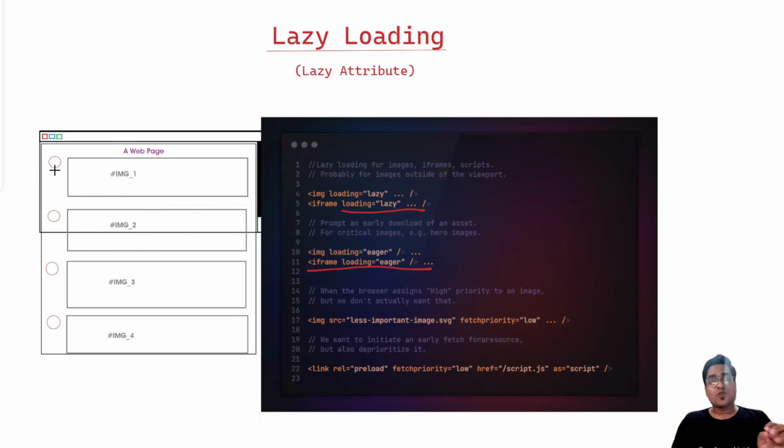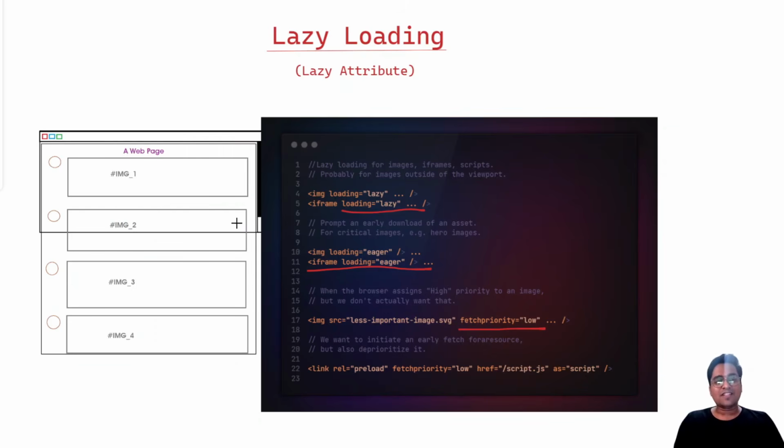Even then, you can decide some priorities among the pieces which are loading in an eager fashion. How can you do that? You can use something called priority. This is a very important and very interesting concept. You can add an extra attribute which says to load with low priority.